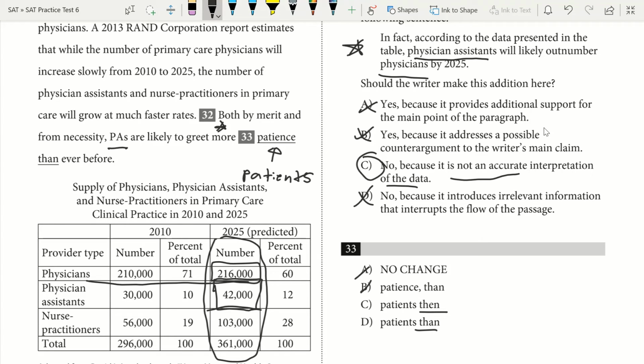We're looking for "will greet more patients than ever before," with the comparative than, spelled T-H-A-N. "Then," spelled T-H-E-N, is when we're using a sequence of events: this happened, then that happened. So "then" would be a sequence, but "than" is comparative, which is what we're using here. So we know our answer there is going to be D.